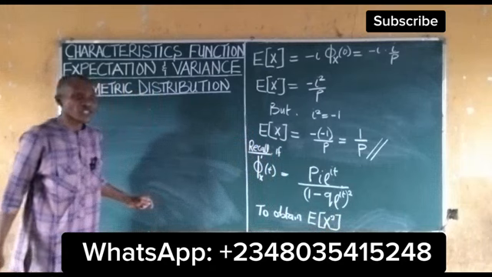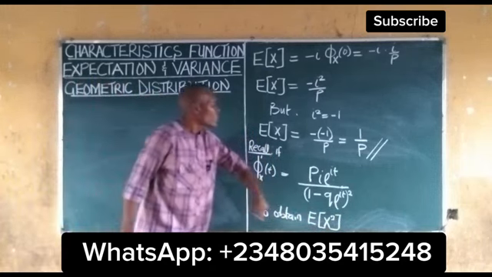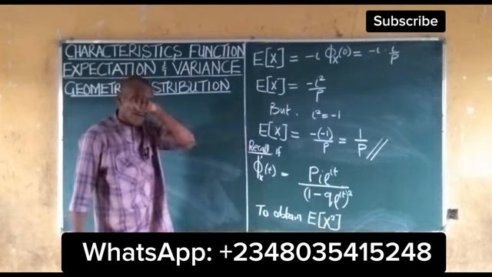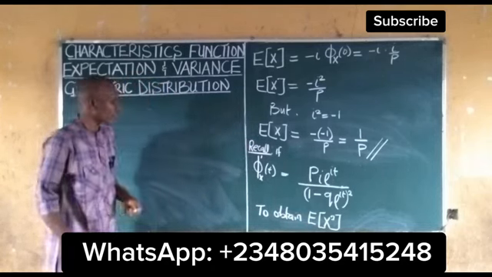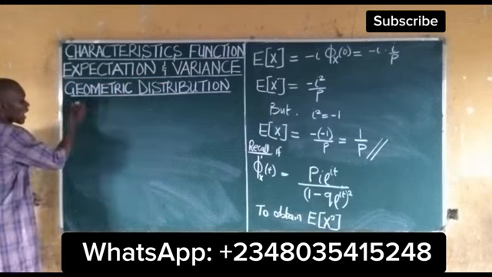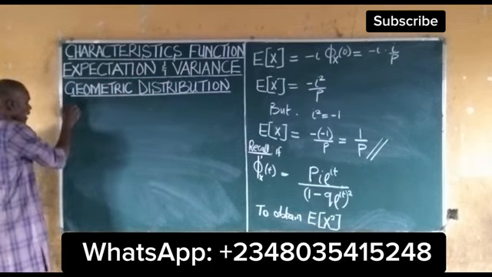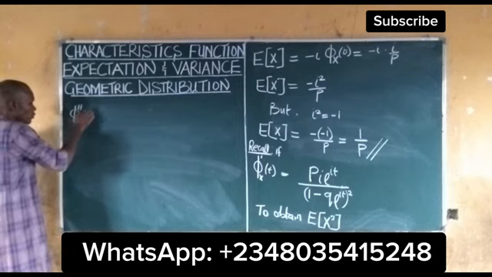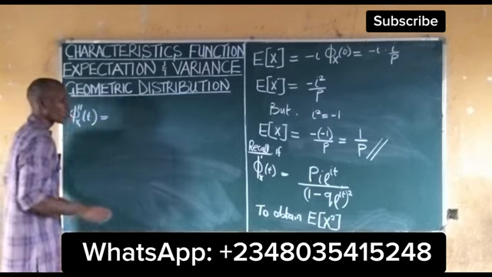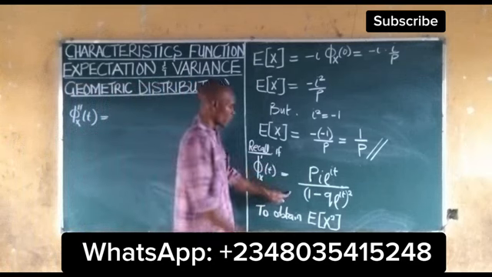The reason is because we must obtain this to be able to get our variance. So our expected value of x squared is the second derivative of the characteristic function, which means we have to differentiate this function again.